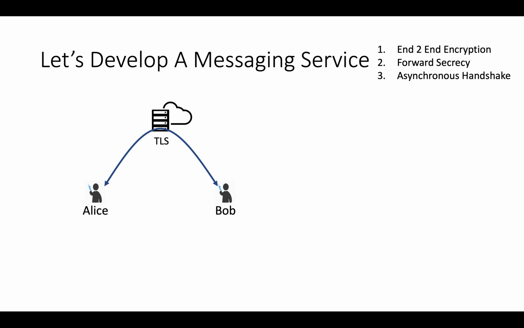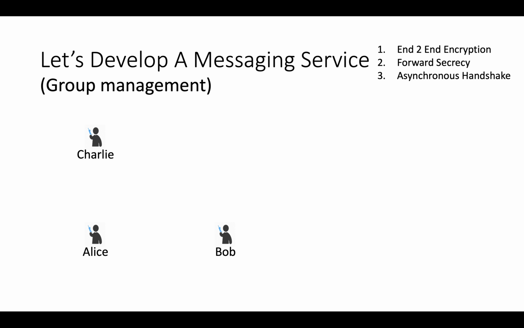As of now, we have seen one-to-one communication. Alice wants to communicate with Bob. Now I want to add group management to our messaging service. Alice wants to form a group between Alice, Bob and Charlie. In short, A, B and C. What could be a possible solution?